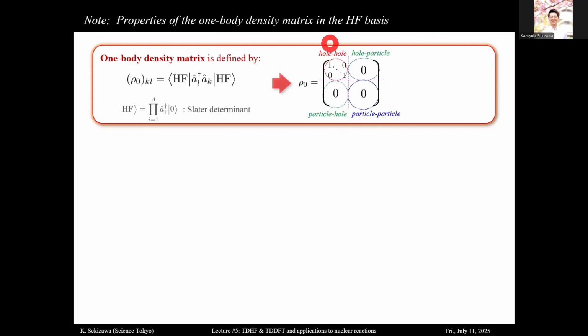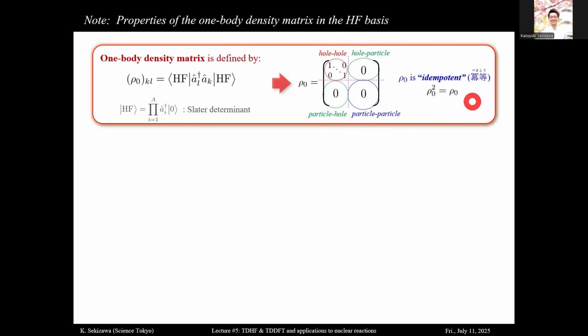And this is just a whole component, where both indexes are occupied indexes, and any components with particle states must be 0. So this is a property of the one-body density matrix.